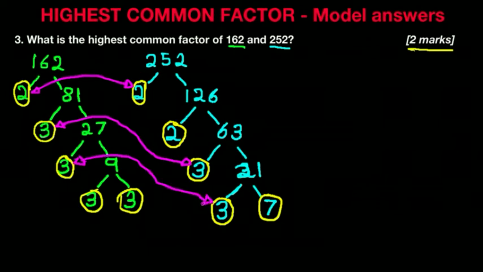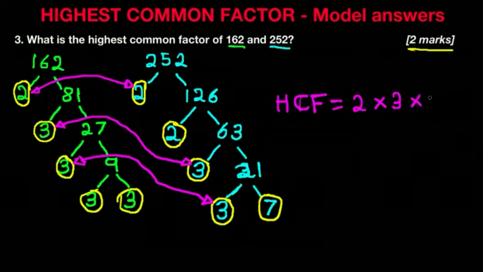Now it's perfectly okay to do this in the exam. Just make sure it's very clear and you're not actually going through any other numbers with your lines. So therefore, the highest common factor is 2 times, now this is all the numbers that we've matched, 2 times 3 times 3.